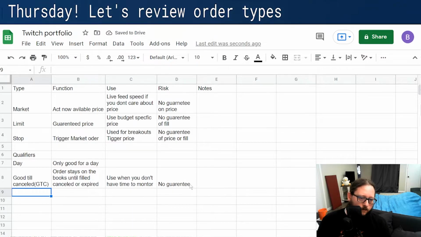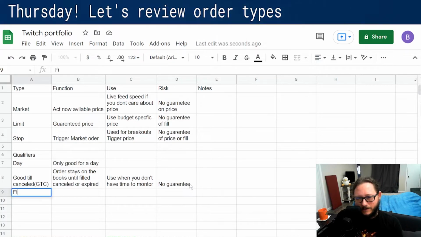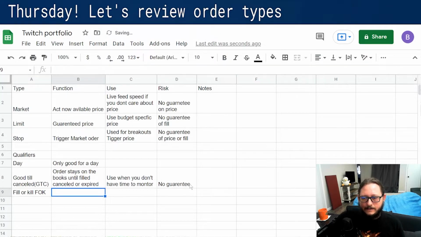The next qualifier that you can use. A lot of people don't know that these are available. These are qualifiers that will not be available at all brokerages, but you can still ask: fill or kill. Fill or kill. Okay, the FOK order. What this is basically saying is, give me what I asked for right now, or don't do it at all.